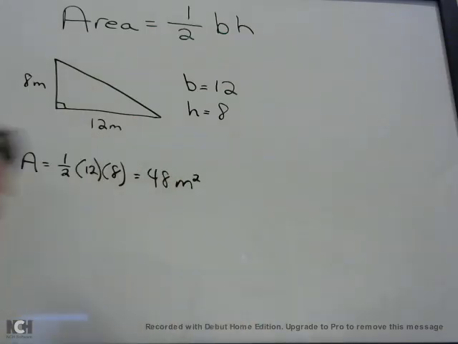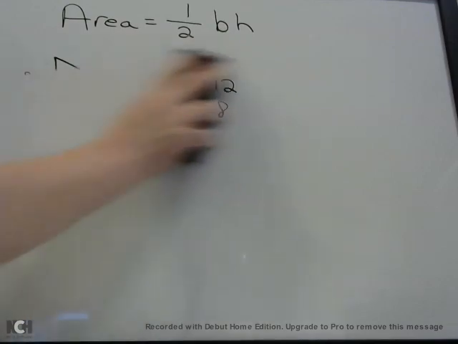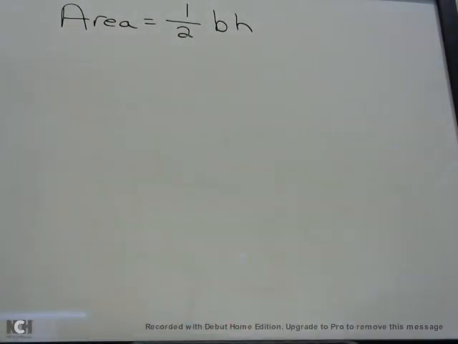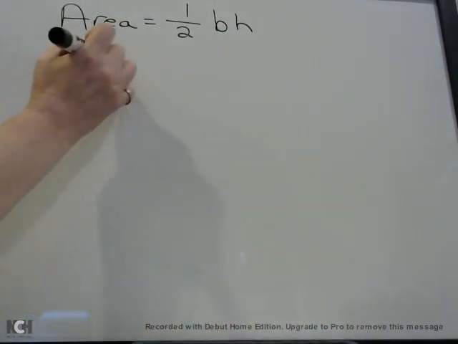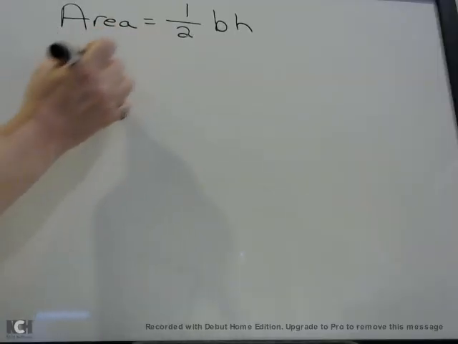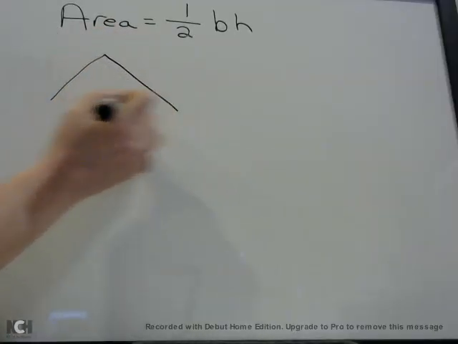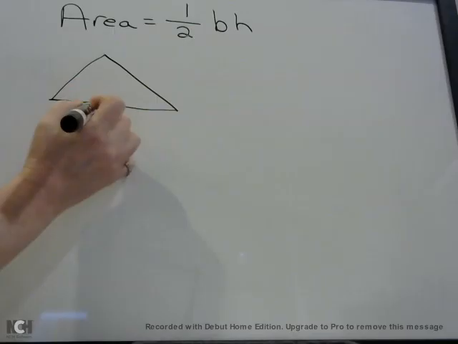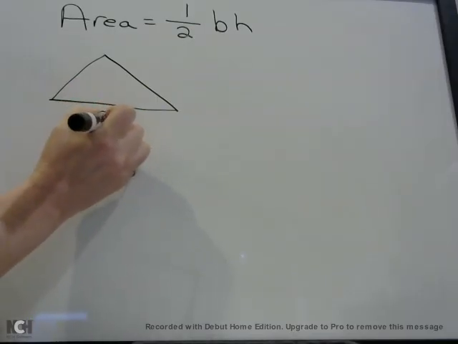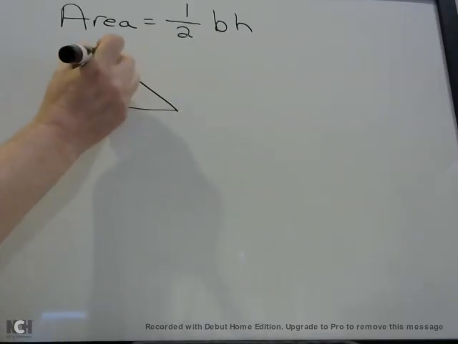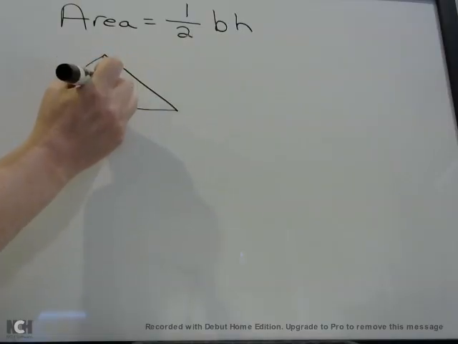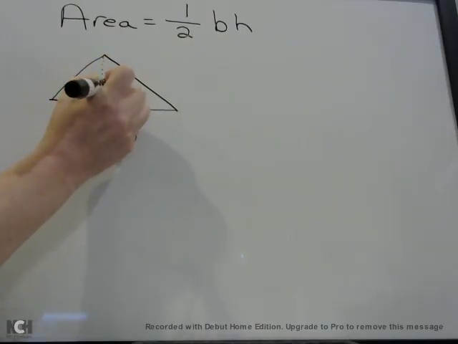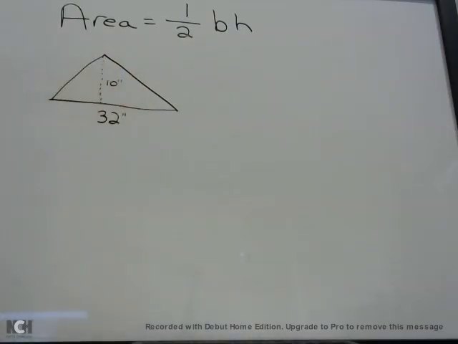Now, let's say we don't have a right triangle, but we have something that looks more like this. And this is 32 inches. And we'll say this is 10 inches. So here we have the base, B, is 32 inches.